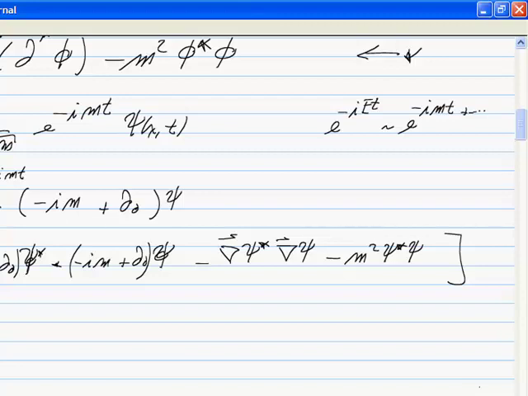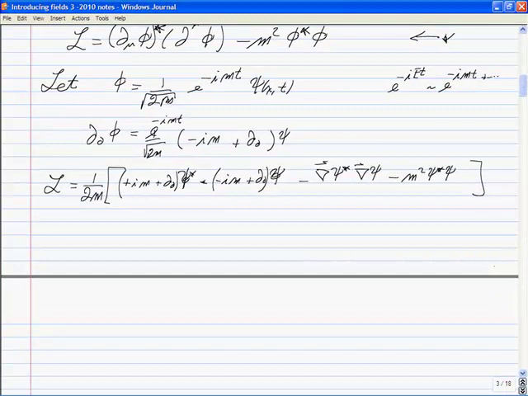Now, one of the things you see is the plus im minus im cancels the m squared piece, so m squared will disappear. There's a i over 2, the m's cancel that piece, times 1 time derivative, and then there's a 2 time derivative piece.